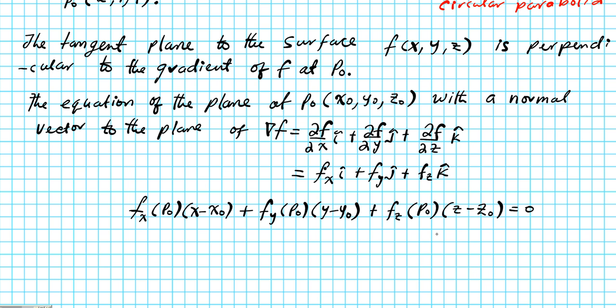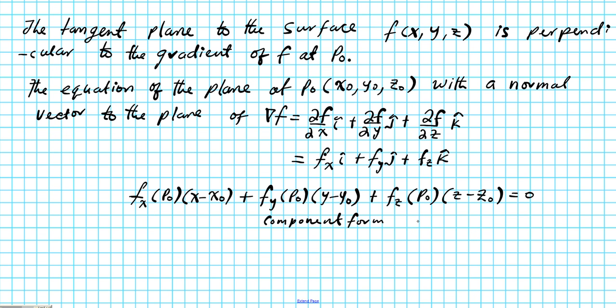This formulation of expressing the equation of a tangent plane is known as the component form. The much more concise form is also known as the vector form. That one kind of conceals a little part of the whole process.